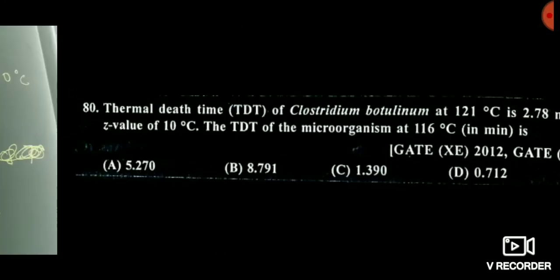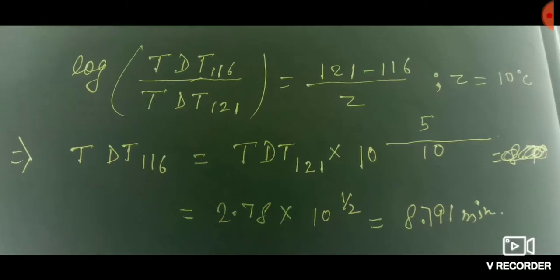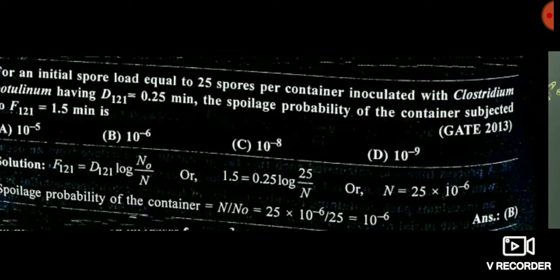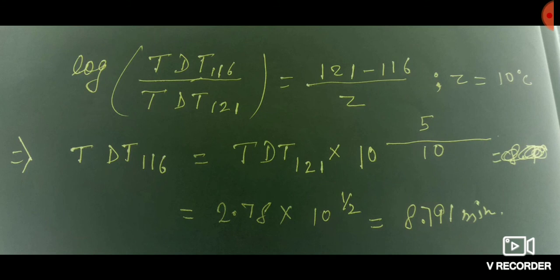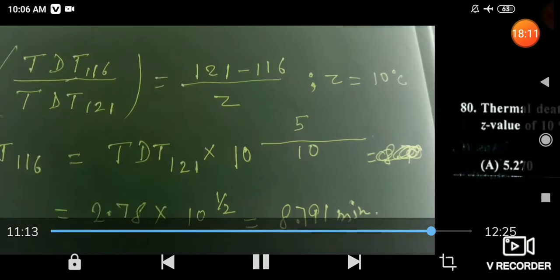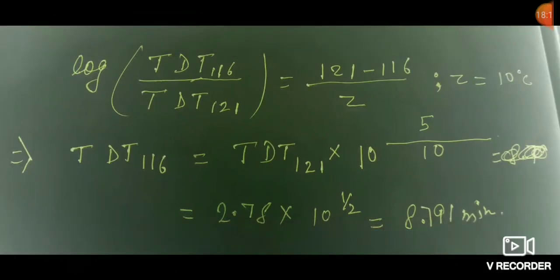Friends, thermal death time or processing time or log reduction time, all these times you can correlate with the same formula, that is log base 10 D1 by D2 is equal to T2 minus T1 by Z, as you wrote in the previous question. The same formula, D1 by D2 you can replace by another time. Here TDT means thermal death time. All are almost the same thing.